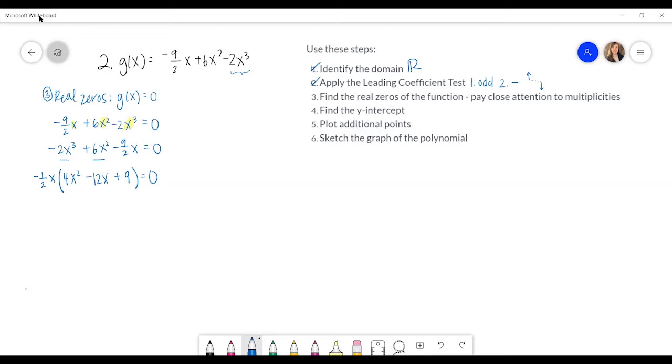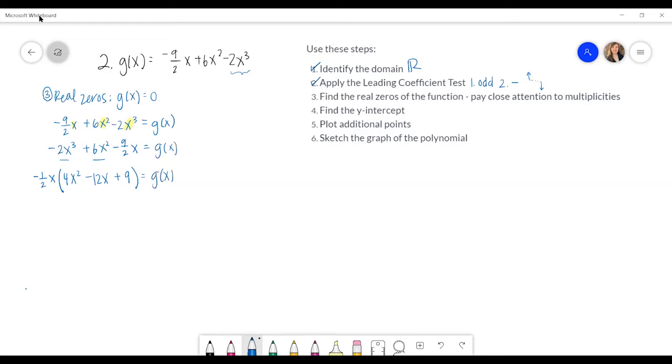What I do not necessarily encourage is I do not necessarily say, oh, just multiply everyone by 2. The reasoning for that is I don't even really have to set this equal to 0 yet. You could just be using g of x's notation throughout this whole thing.